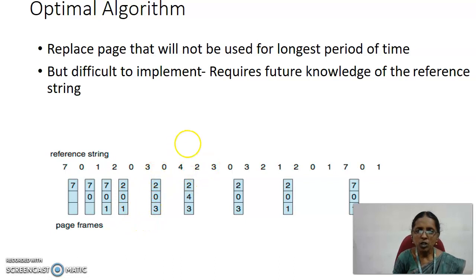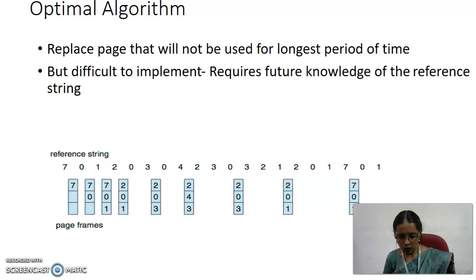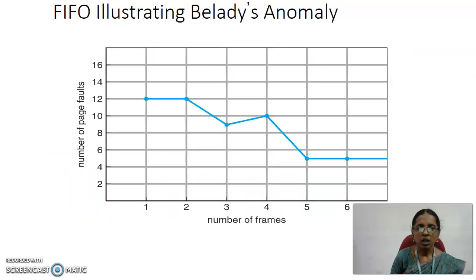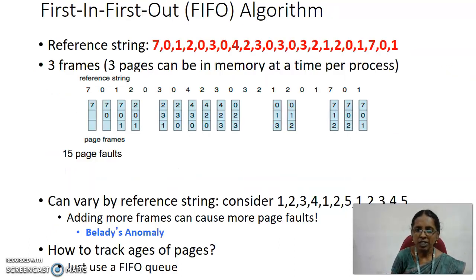The optimal algorithm will reduce the number of page faults. Still, it is very difficult to implement because we should know the future knowledge, right? So it will not be the case in most cases. That's the thing. Among these 2 algorithms, in FIFO we'll be facing Belady's anomaly.